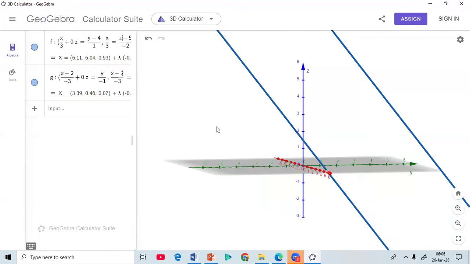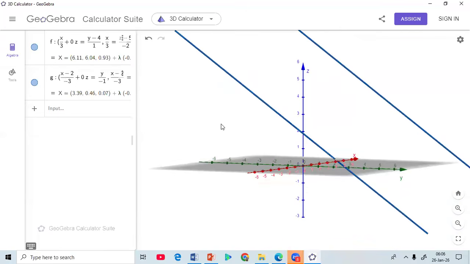Yeah, that is how those lines are going to look.